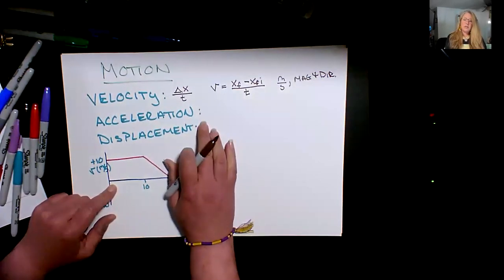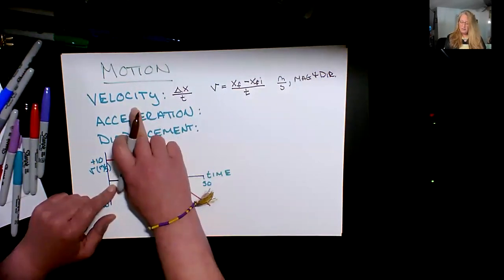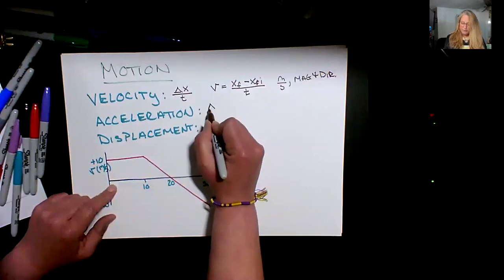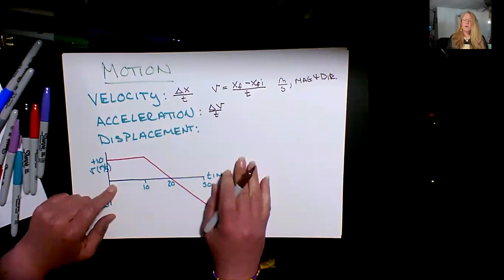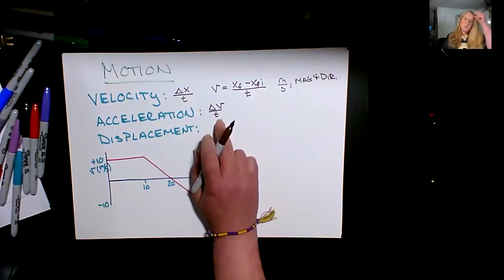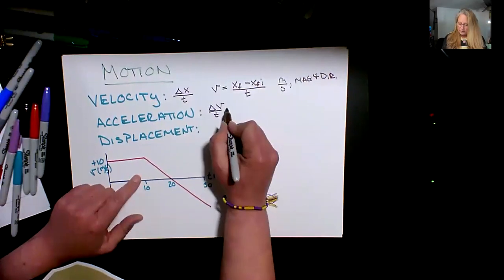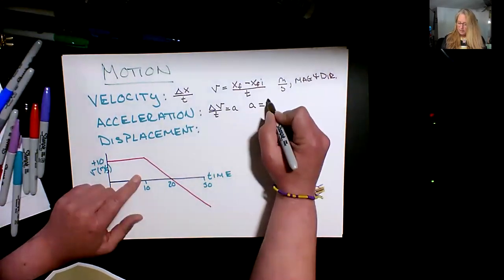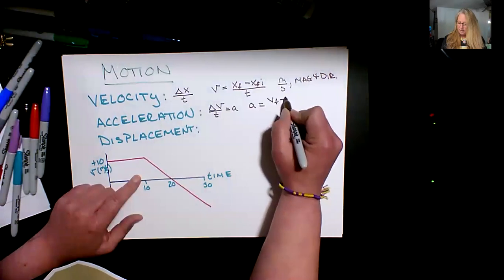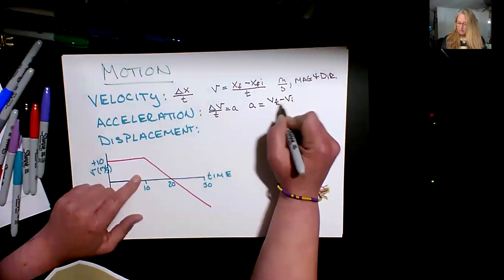So acceleration then is the change in velocity. It is the change in my velocity with respect to the amount of time that change took. Or I can write it as acceleration equals my final velocity minus my initial velocity, divided by time.